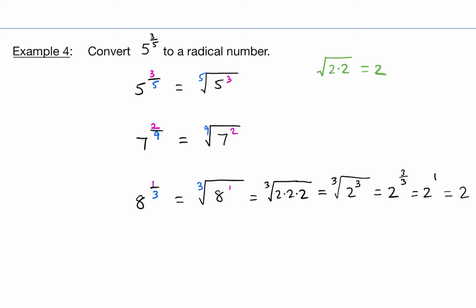So here's the question. Why is it that the square root of 2 times 2 is equal to 2, but the cube root of 2 times 2 times 2 is also equal to 2?